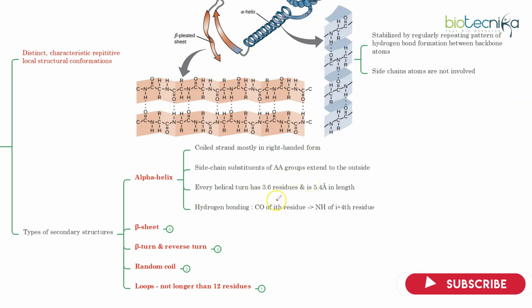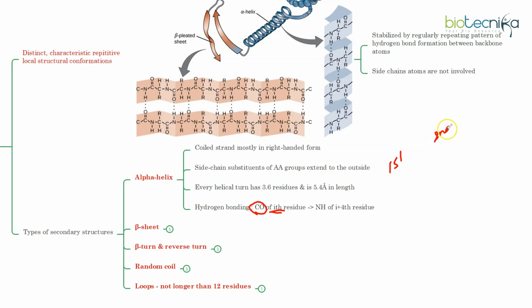And what is the hydrogen bonding pattern? Take the CO of the ith residue, which can be any residue: the first, the second, or the 23rd, depending on which residue you start with. It bonds to the NH group of the i plus 4th residue. It means if the hydrogen bonding starts from the 23rd residue, this we consider as i. The CO group will interact with i plus 4.